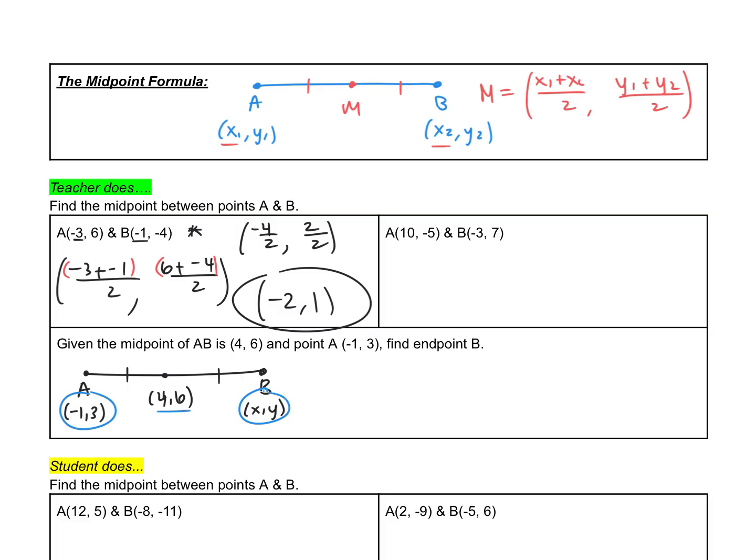We're not using this 4, 6 yet. Okay, so if I add my x's, that's -1 add x, then I divide by 2. Add my y's, that's 3 and y, then I divide by 2. When I do that, I already know the answer I'm going to get is 4, 6, because that's the midpoint.